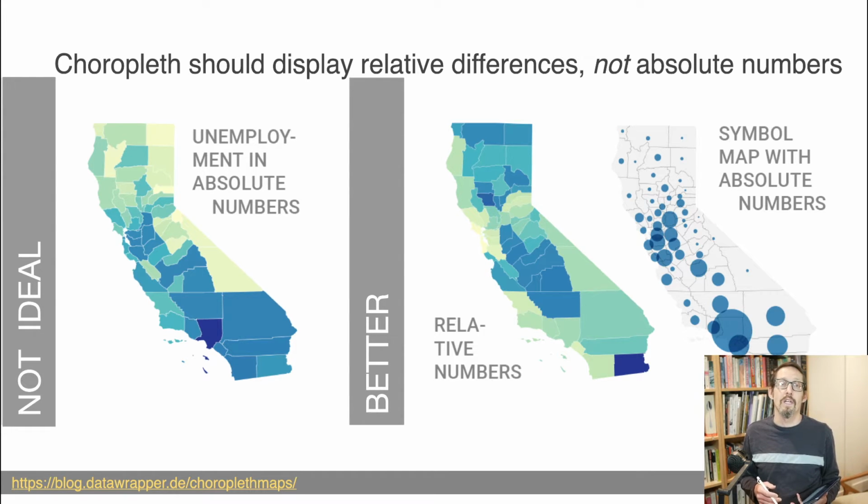We want to say how many unemployed people per million, per million people in that region. Why? Because if you look at raw numbers, all you're going to end up with is a heat map of population.